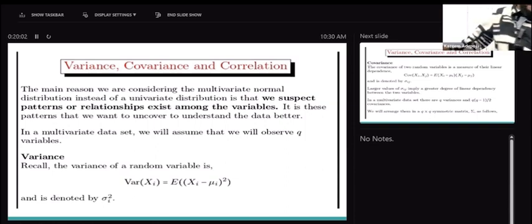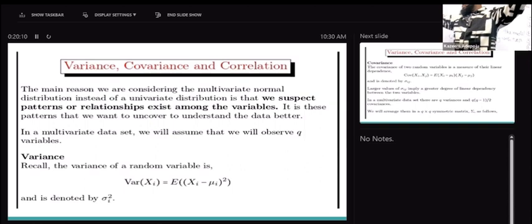Now, if I want to investigate relationship, and I have so many variables, I can look at them two at a time.